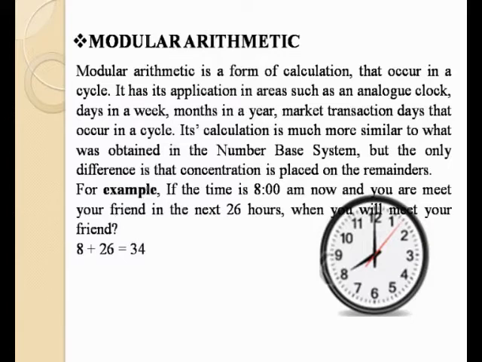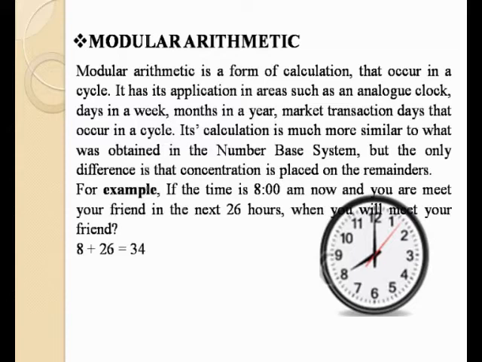There are some areas whereby we don't have market transactions every day. It occurs in a cycle, maybe a cycle of 5 days or a cycle of 7 days. And it's also useful when we are to prepare a chart for some people working on shift basis.